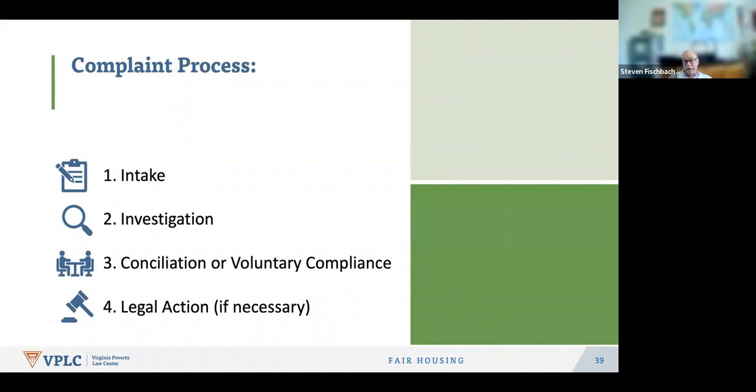And if that doesn't happen, then there would be further legal action. There may be an actual hearing that's conducted at HUD. It might be conducted by an administrative law judge. I'm not sure who conducts hearings at the state level, but those are the 4 pieces of the complaint process.